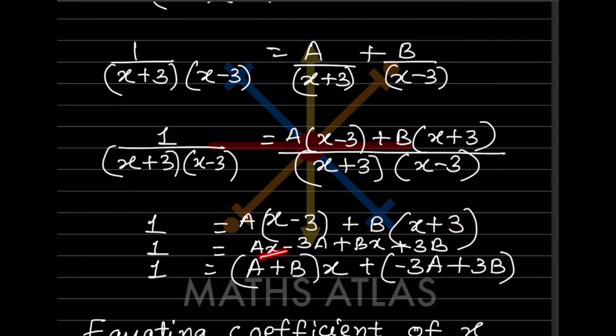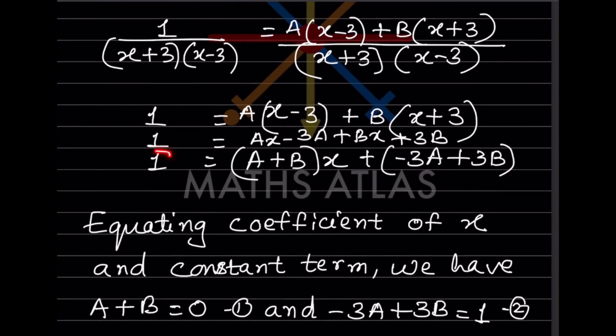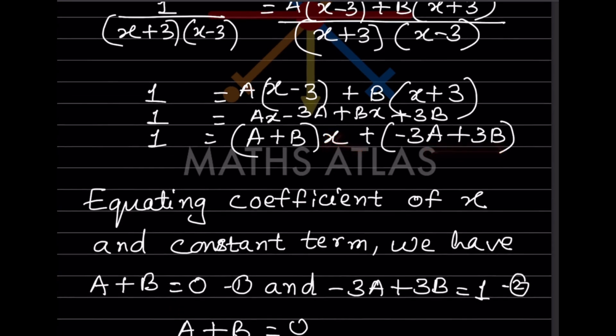Now we'll take x common, so (a plus b) into x, and minus 3a plus 3b will be the constant. Now this is 1. When we have x and the constant term, we equate the coefficient of x and constant terms. Now for a plus b, we don't have any x here, because this is just a constant. So we can write here a plus b is equal to 0. That will be equation number 1.